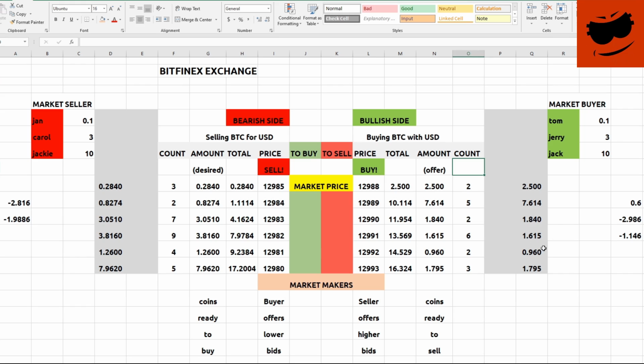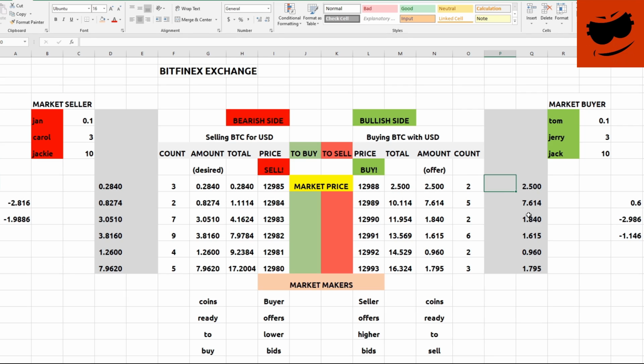So on the buyer's side, we have Tom. Tom wants to buy 0.1, and these coins are the ones that are on offer to purchase. Tom is happy to buy at the market price, so he will buy for a price of 12,988.